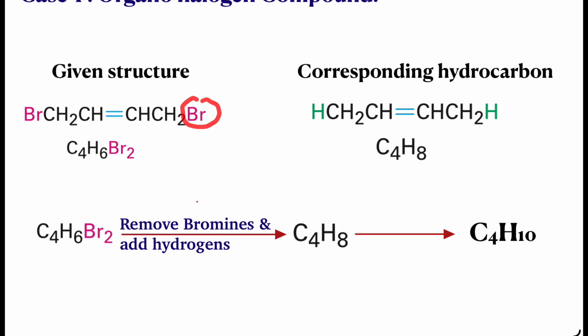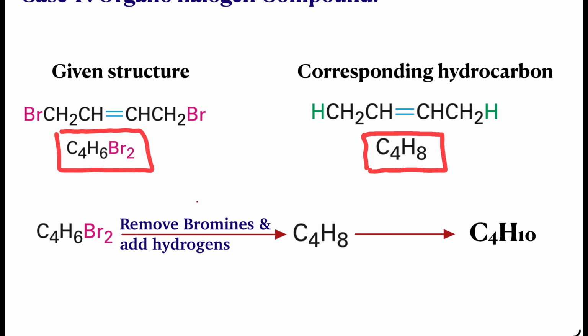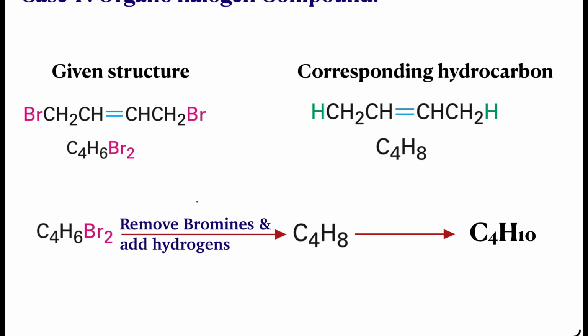Bromine is monovalent, hydrogen is also monovalent. So this is the given formula. You are converting the given formula into the corresponding hydrocarbon without disturbing the carbon skeleton. Carbon-carbon single bonds, double bonds, I am not disturbing.